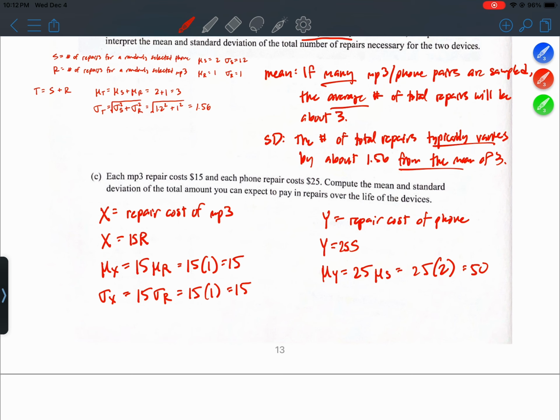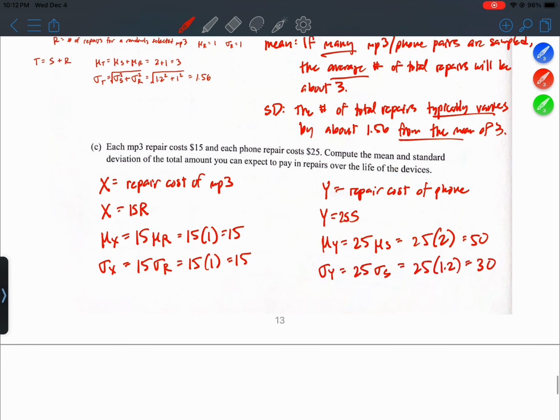So remember, we expect about 2 repairs on average for a phone, $25 a pop, so you expect to pay $50 over the lifetime of that phone. The standard deviation of Y is going to be 25 times the standard deviation of S, and that's 25 times 1.2. 25 times 1.2 is 30.